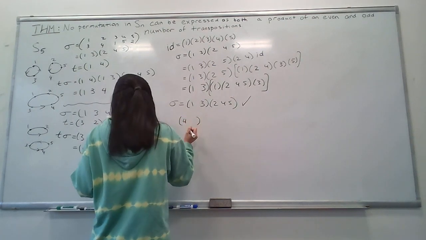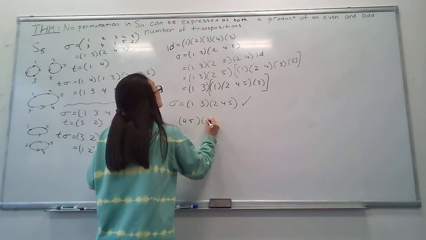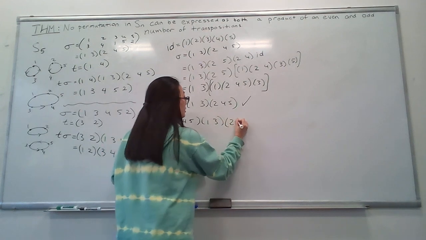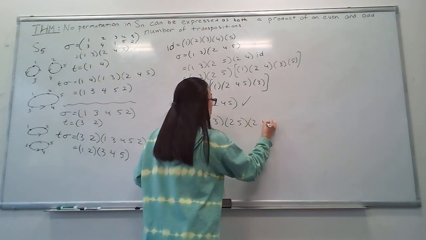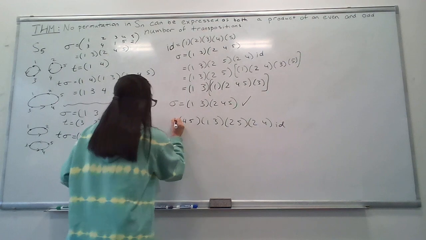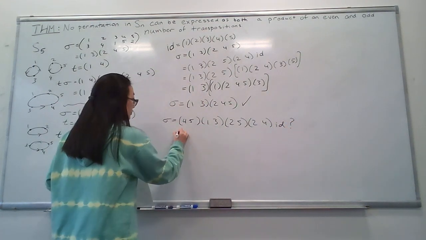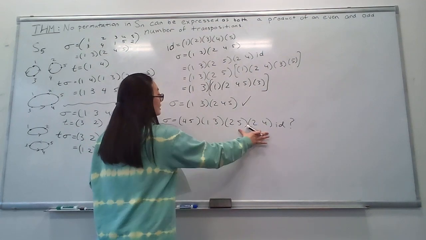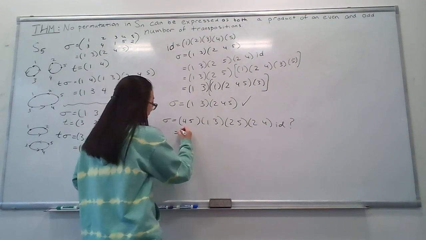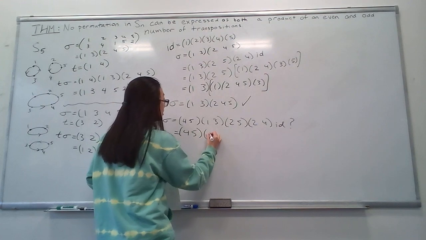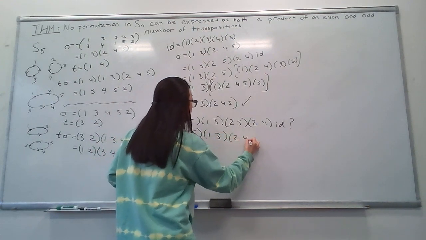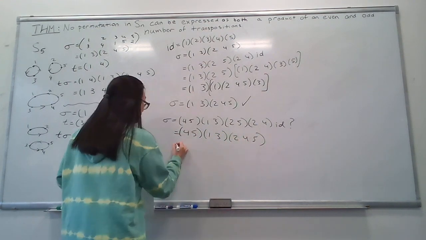Let's take (4, 5). And we want to see if this is still our permutation. Well, as we see over here, this yields that. So we have 1, 3, 2, 4, 5.